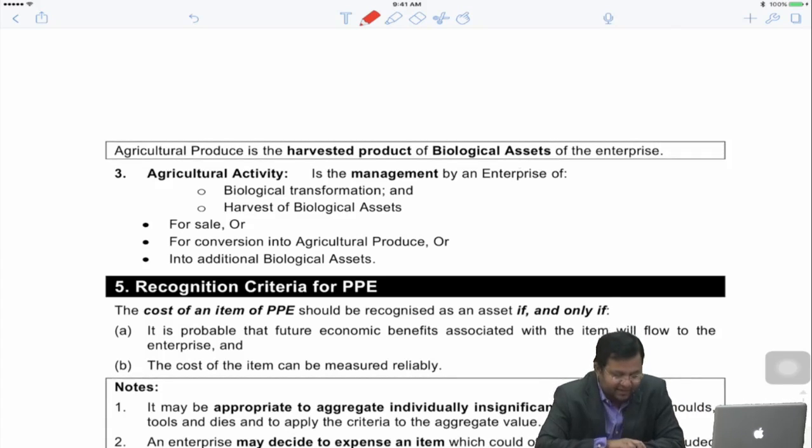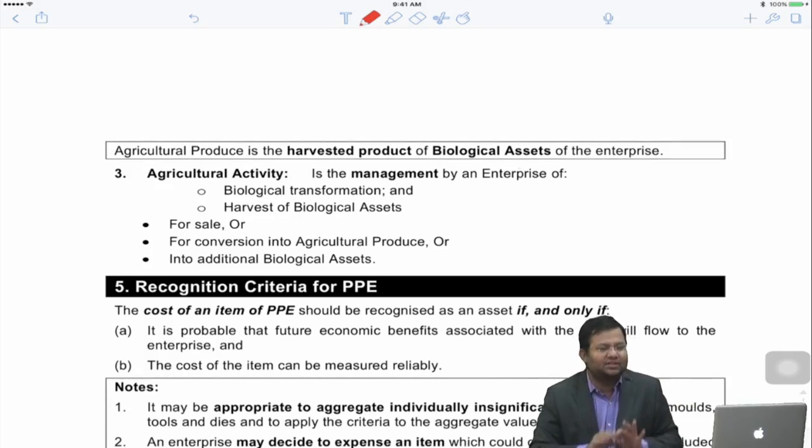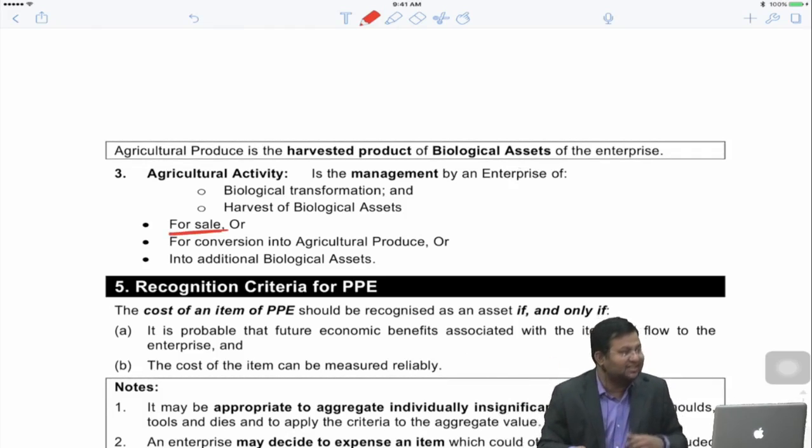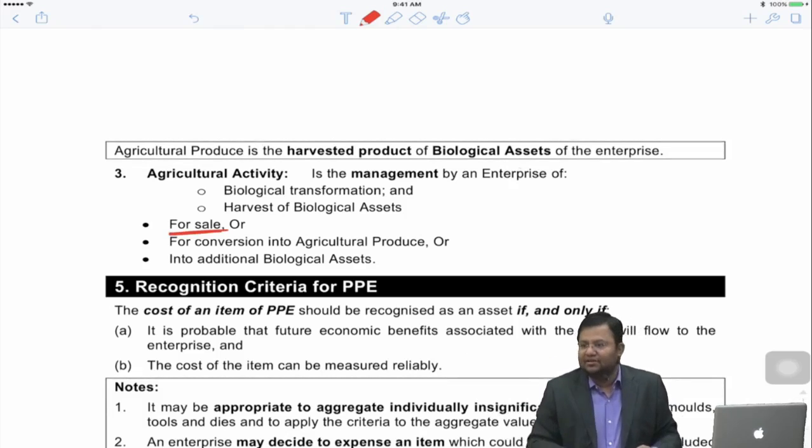Agricultural activity is management of by the enterprise of biological transformation and harvest of biological asset for sale or for conversion into agriculture produce or into additional biological asset. In simple language, agricultural activity मतलब anything that you do with plants and animals so as to earn certain income by way of selling the agricultural produce or selling that agricultural assets.